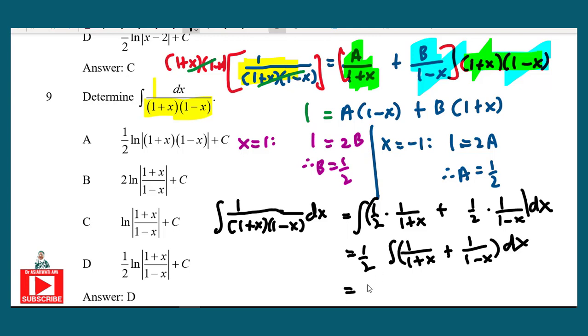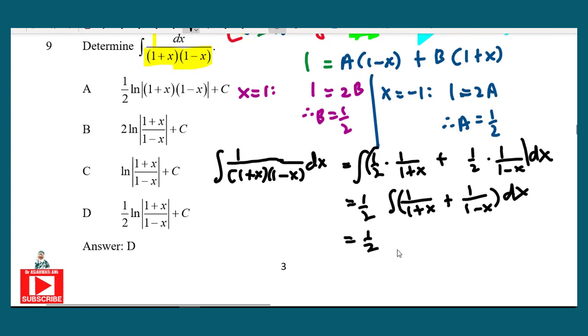dx. Integrate. Okay, and this one involves ln of 1 plus x. Okay, ln of 1 minus x over negative, so negative, and plus c. Okay, check option or simplify. Proceed.